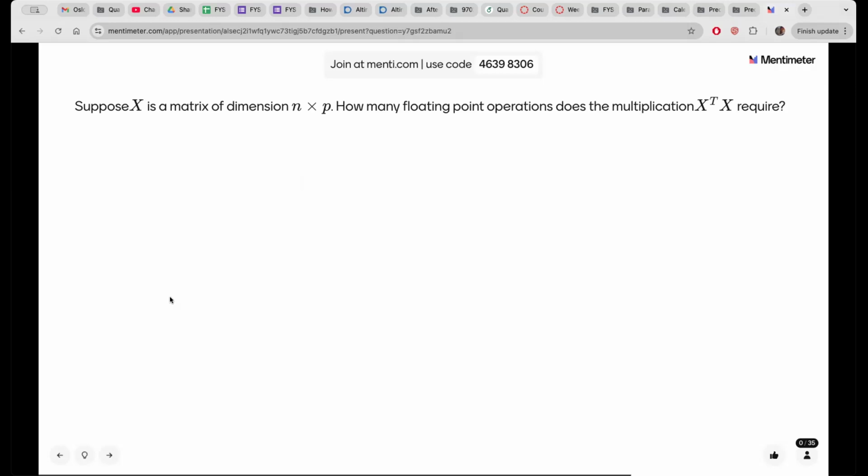Any good suggestions for the number of operations which are required when you do a matrix multiplication of a matrix of dimension n times p? Yeah, p squared, p times p minus n times n. Yeah, that's pretty good.